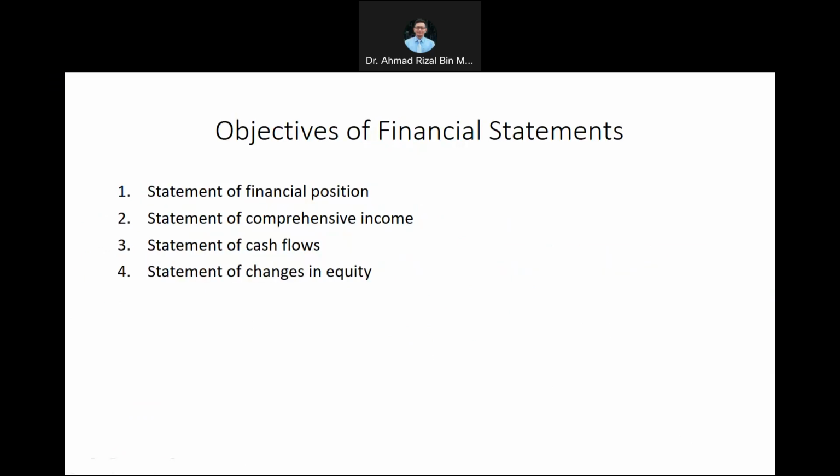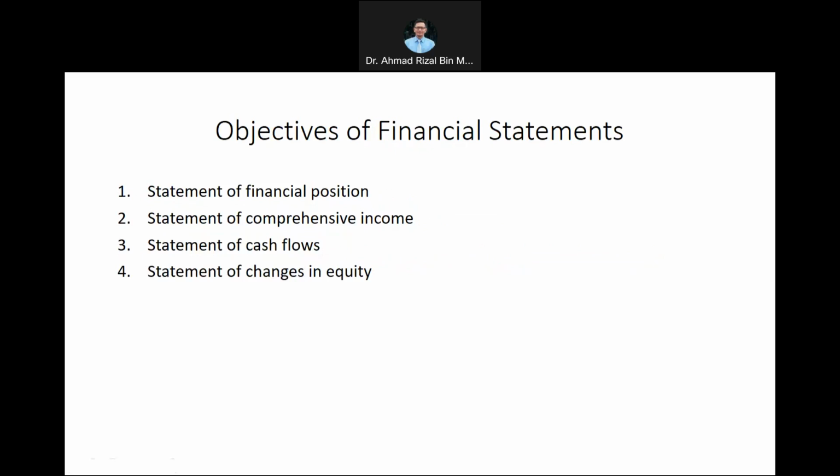The annual report of any company would comprise all these statements. Start off with the statement of financial position. The famous name for it is the balance sheet. Then we have the statement of comprehensive income, which is the income statement or profit or loss statement.